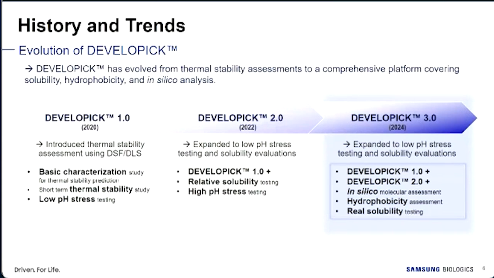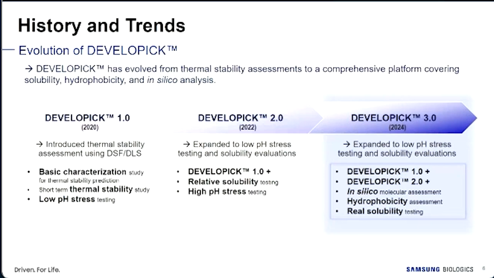At first, I would like to brief you on our history in making DEVELOPICK. From 2020, DEVELOPICK has been updated from 1.0 to 2.0 and then to 3.0 in 2024. At first, we had thermal stability predictions using the DSF-DLS system and thermal stability low pH stress testing. Now we have those items and additional solubility, high pH stress, and hydrophobicity testing with a good in silico molecular assessment tool.